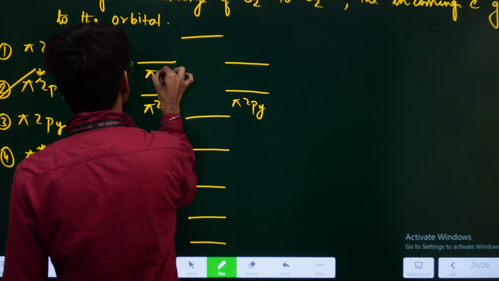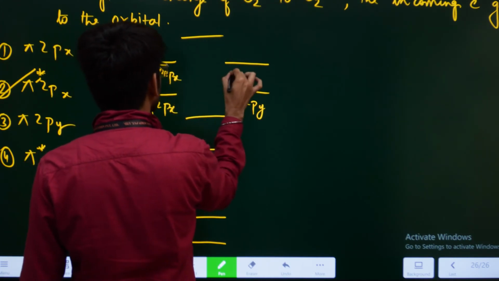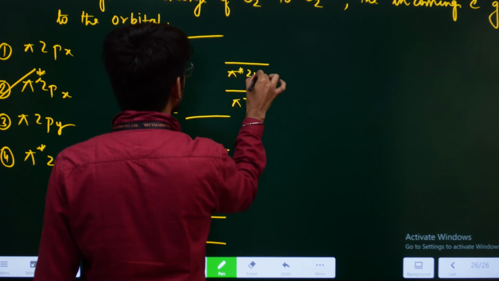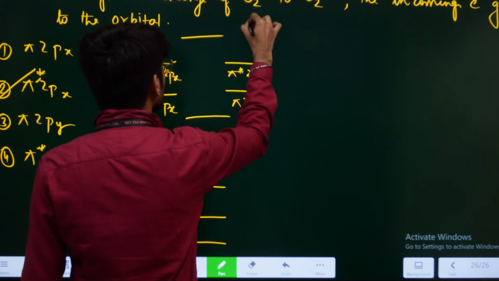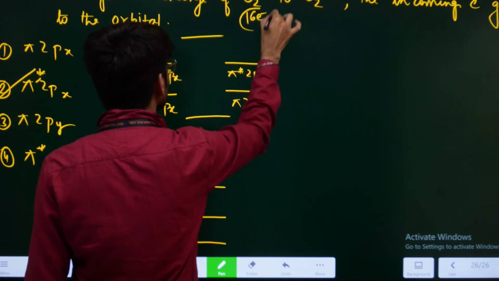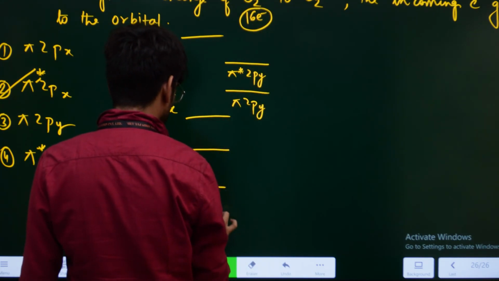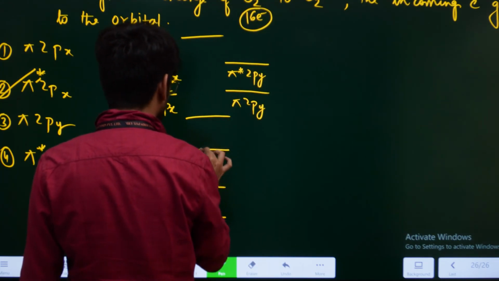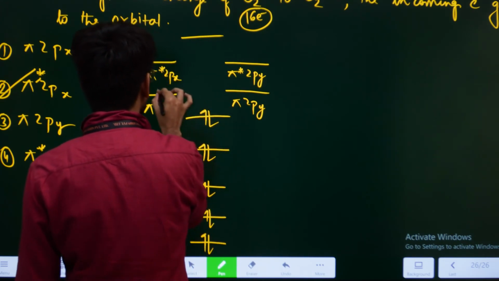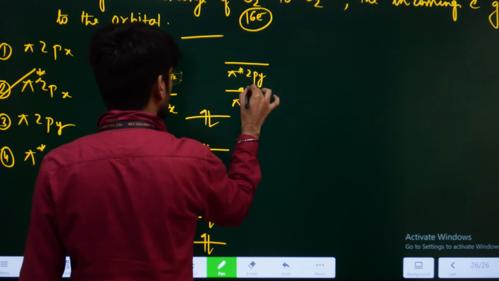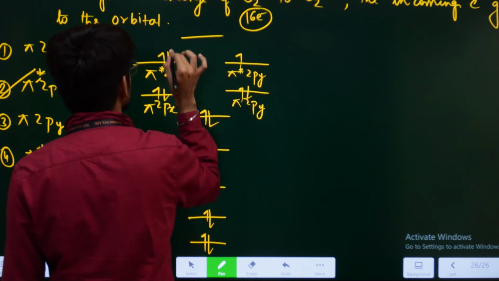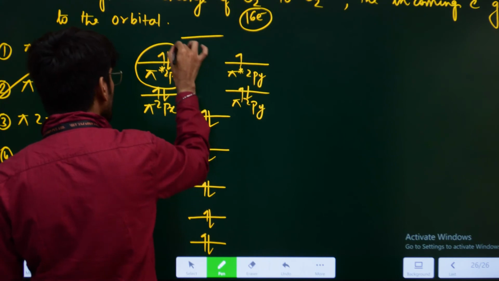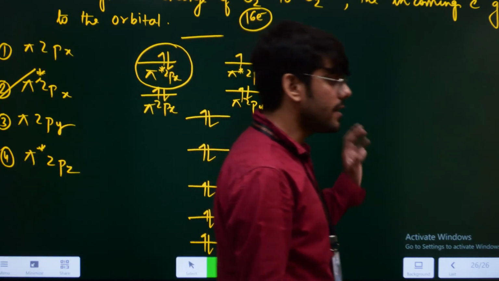This is pi star 2p x, pi star 2p y. And how many electrons am I supposed to fill? Tell me. O2 is 16. So 1, 2, 3, 4, 5, 6, 7, 8, 9, 10, 11, 12, 13, 14, 15, 16 and 17. So the 17th electron is going in the pi star 2p x.